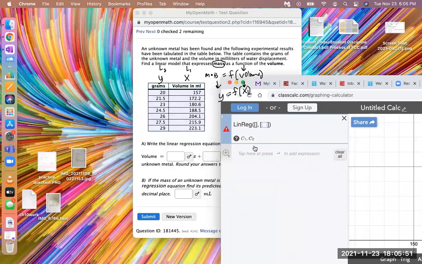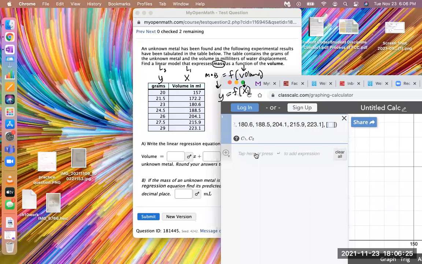So we're going to put in the 157, 172.2, and then 180.6, 188.5, 204.1, 215.9, 223.1.